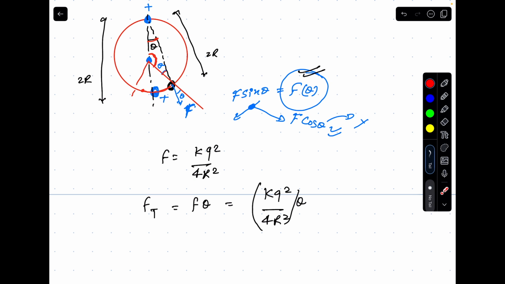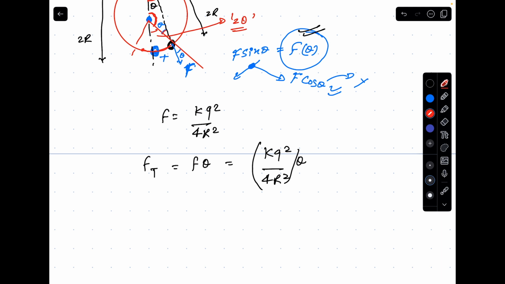Will it be 2 theta? Yeah, so this angle is 2 theta.